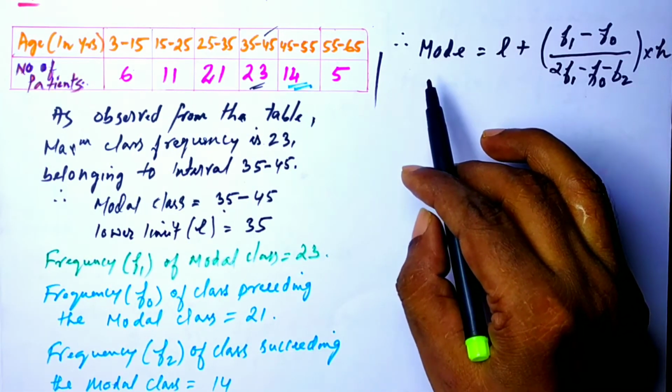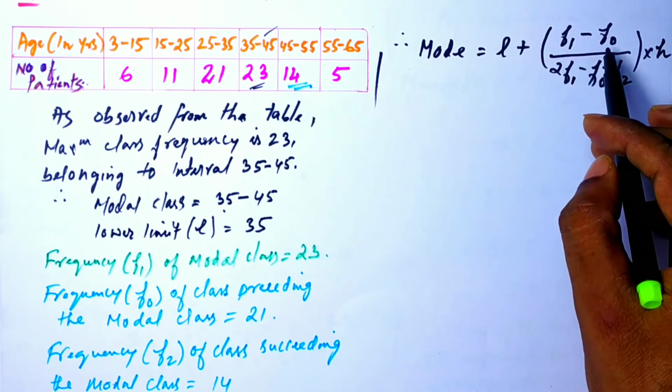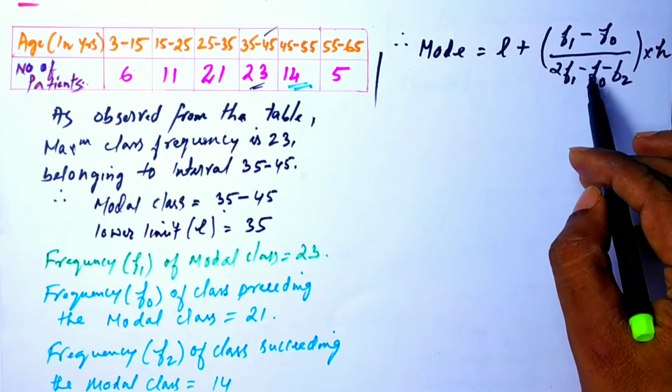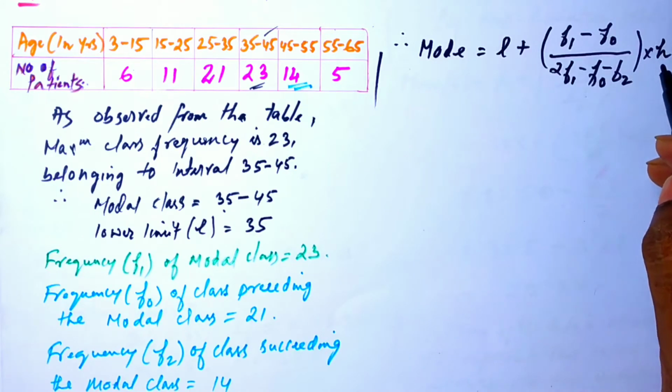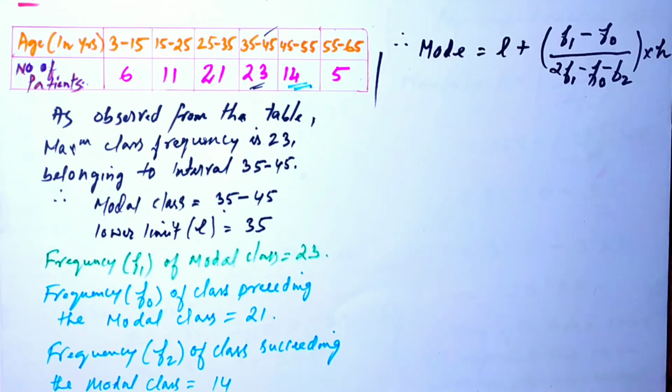So using the formula, mode equals L plus (f1 minus f0) divided by (2f1 minus f0 minus f2), into h, we substitute the values and calculate.